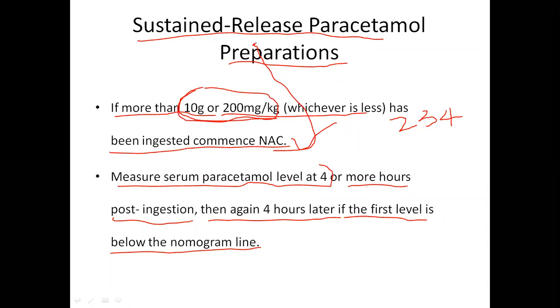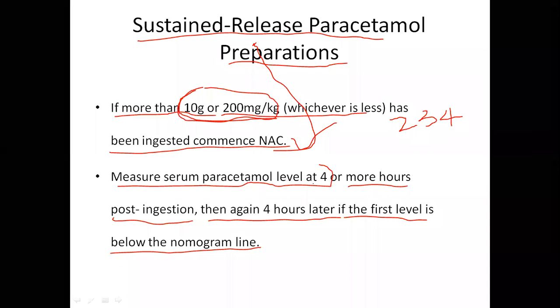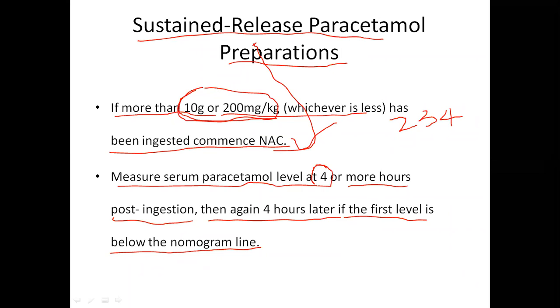After starting the NAC, I will check the paracetamol at 4 hours. Is that clear? Then after checking the level at 4 hours, I will wait for 4 hours, then take another serum paracetamol reading, in a gap of 4 hours.